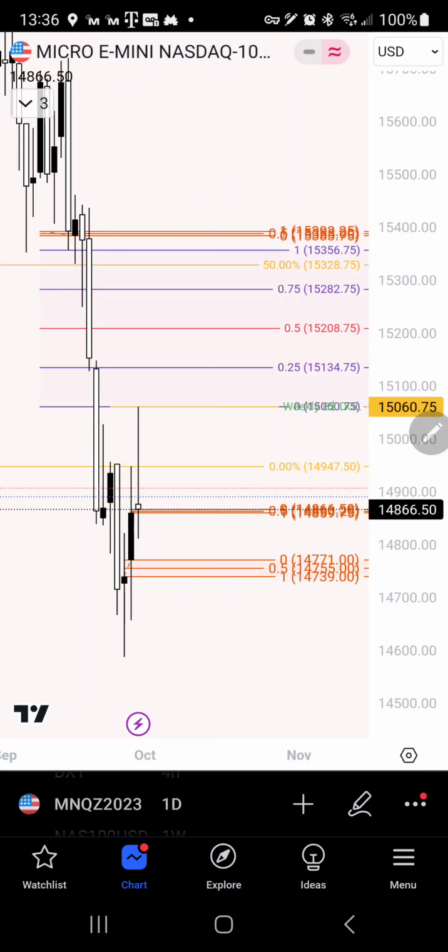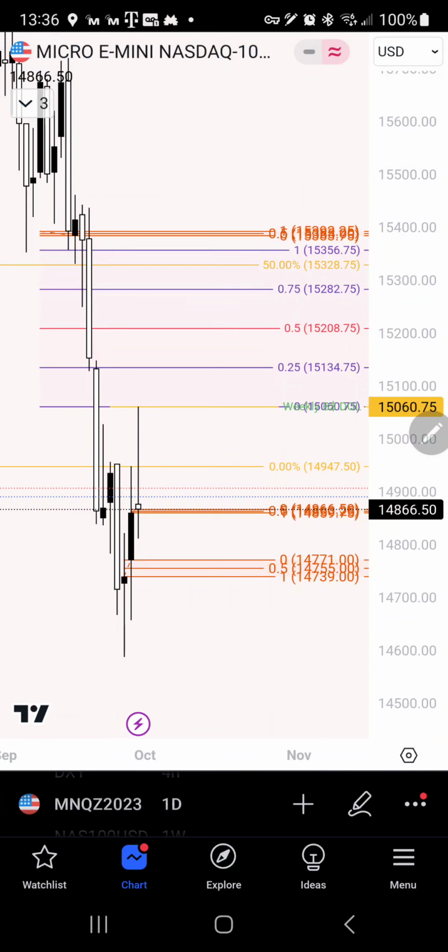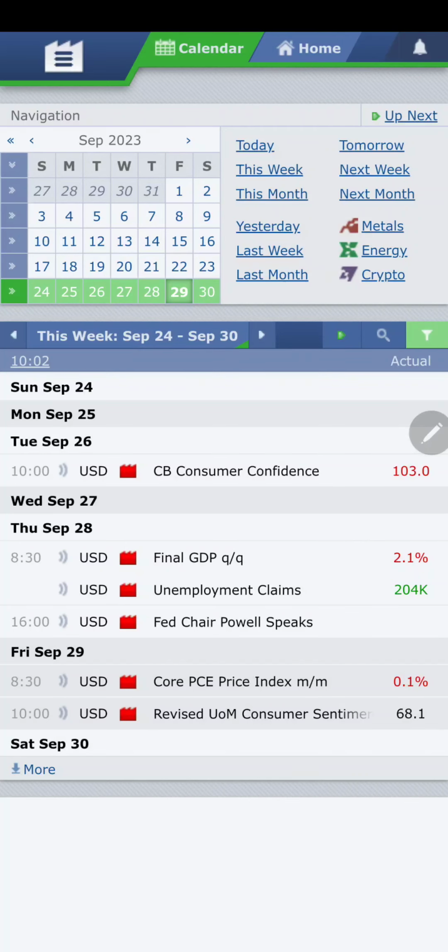So from there, we're going to pull up the high impact news chart. So let's head over there. All right, let's take a look at next week.